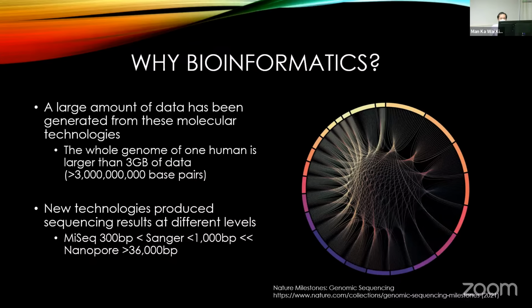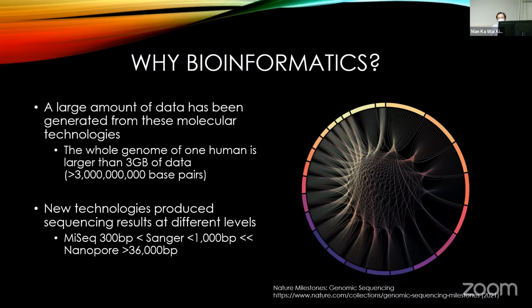So I would further elaborate that a large amount of data has been generated from this molecular technology. We know that the whole genome of one human is more than 3 billion base pairs, so 3 GB of data will be produced just for one human genome. And then we have new technology, which at different levels may produce short reads. Each time it generates a small piece of sequence result, but it could generate many reads, many pieces of that sequence.